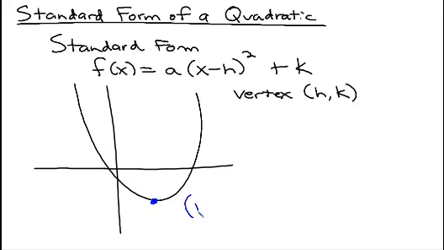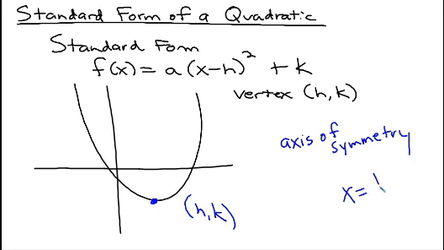If it's concave up, it is the minimum. That is the vertex of the quadratic. It also tells us where the axis of symmetry is. The axis of symmetry is going to be the vertical line x equals h.